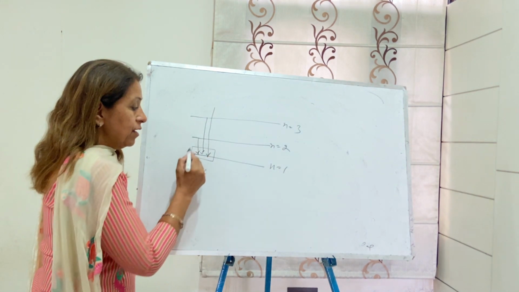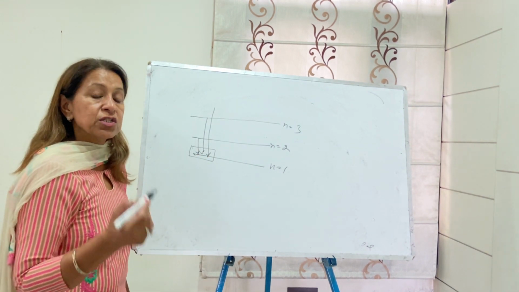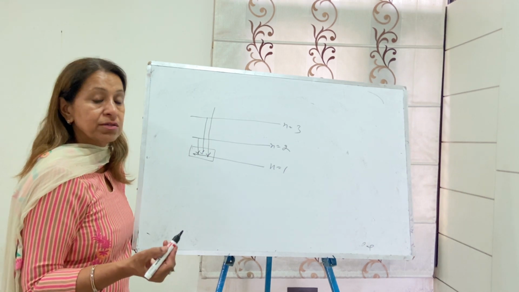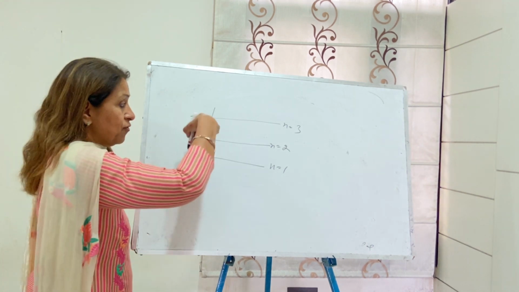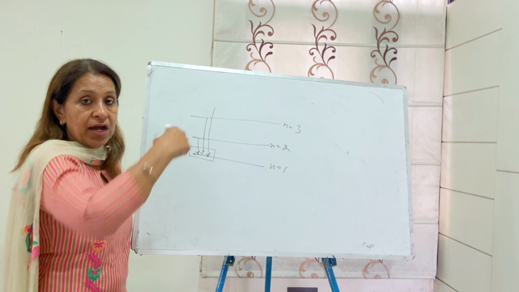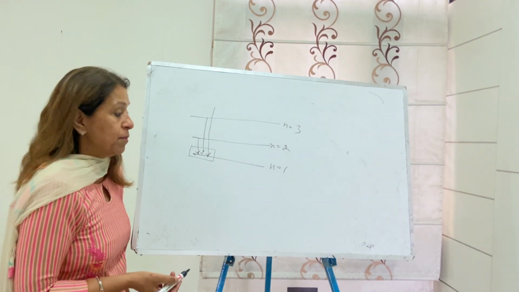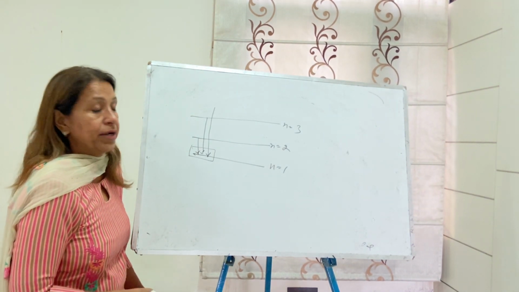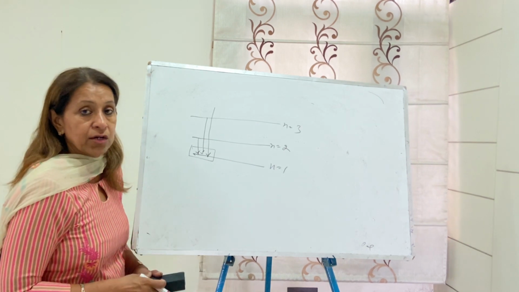This information is given by the principal quantum number, and these are the fine lines. There are many lines, and this information is given by the azimuthal quantum number. We will take this in the questions.